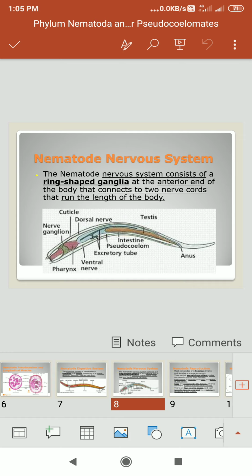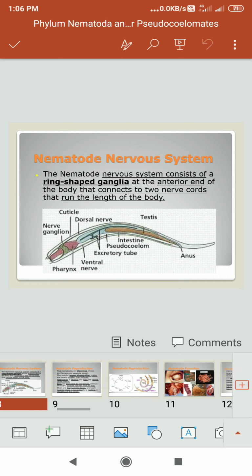The nematode nervous system consists of ring-shaped ganglia at the anterior end of the body, connected to nerve cords that run the length of the body.